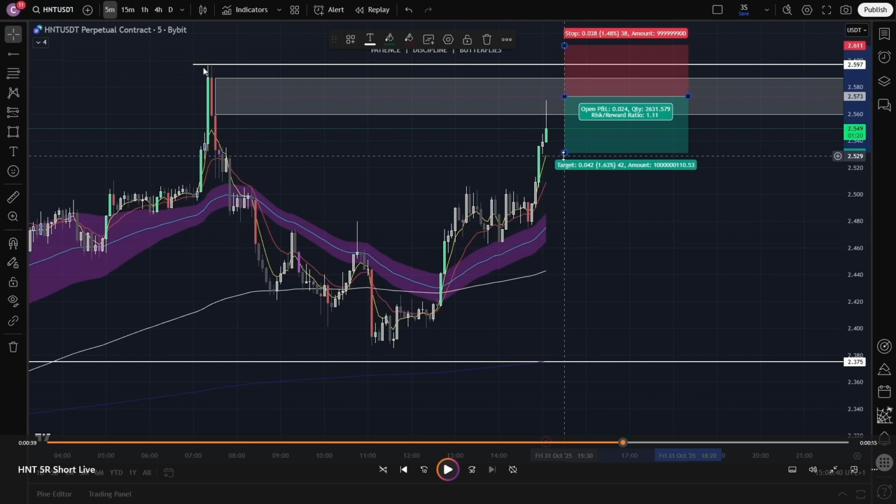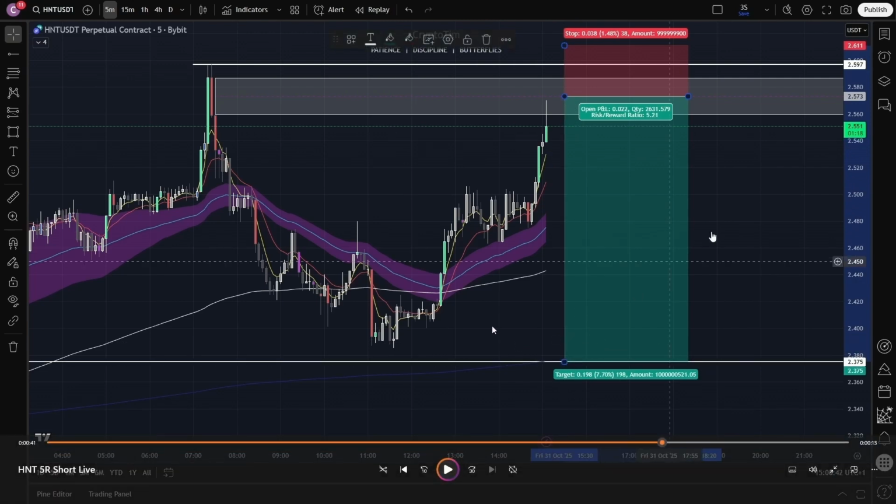I think there's a good chance that we will sweep the liquidity as well. I do have my entry in the vector candle recovery, just in case they don't go for the sweep and make a lower high. But I don't mind if they move up and wick the liquidity. I have my stop loss with some wiggle room above it, so I don't mind if they do that to then reverse.